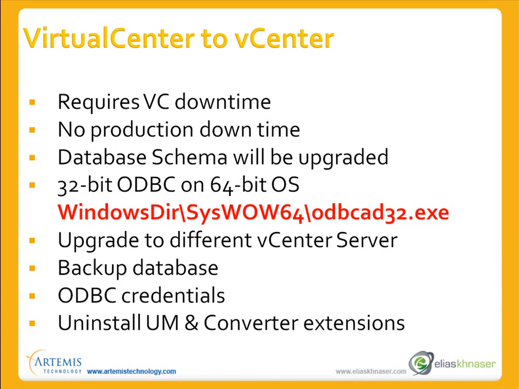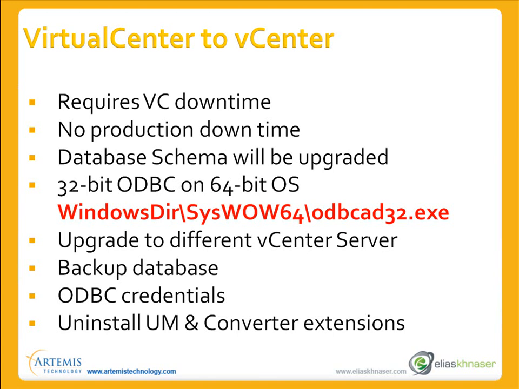Now, considering I've done a few upgrades recently, here's what I'm going to recommend. If you want to go to a different server, I wouldn't go to a different server right away. What I would do is stay on the existing server, upgrade Virtual Center, keep the licensed server on that, and wait until the whole environment is upgraded. Once you have all of your ESX hosts up to ESX 4, then go back and move the Virtual Center server to a new server.